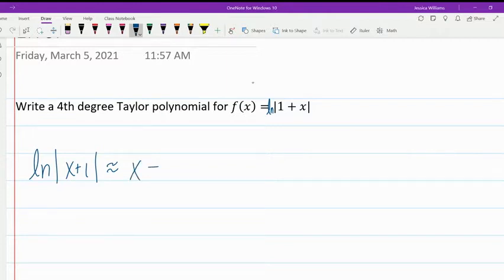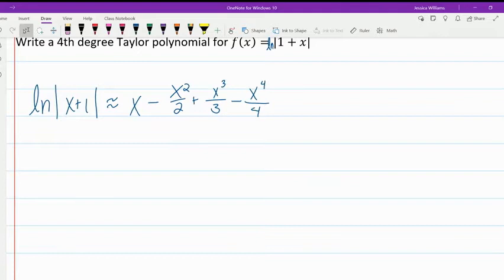It is an alternating series. No factorials. And I need to go all the way until x to the fourth because it wants a fourth degree. So there, I did it. That is not the exact same curve. That's why I have the squiggle equal signs. And now let's use it.